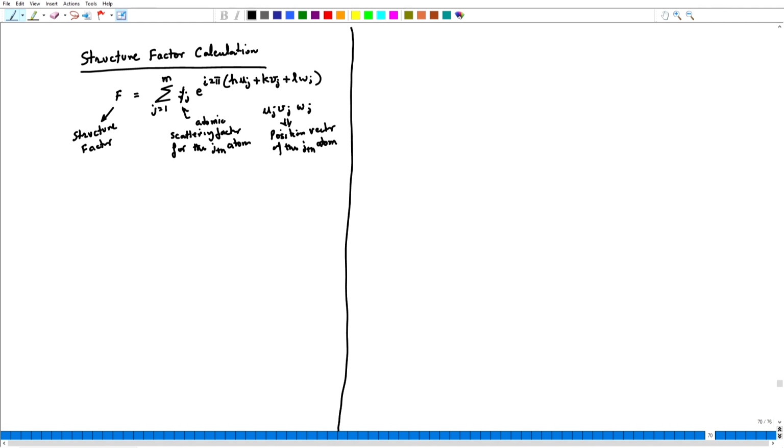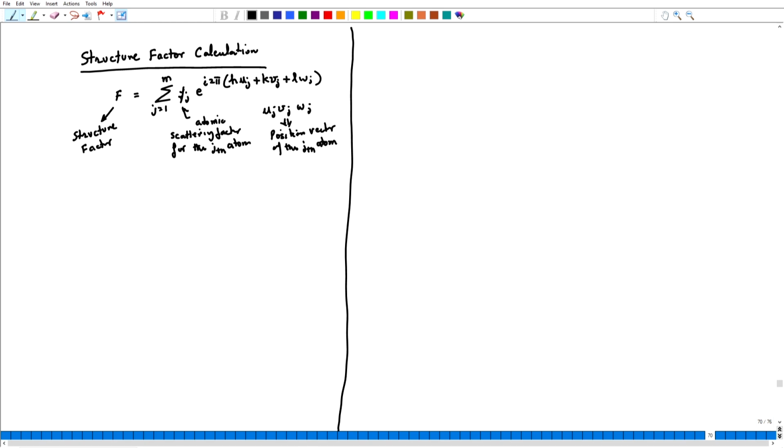Now, this relationship we analyze when the Bragg condition or the Laue conditions are satisfied. So, we expect a finite intensity when a Bragg relationship is satisfied. However, if the structure factor goes to 0, then we would get extinction of that particular reflection.